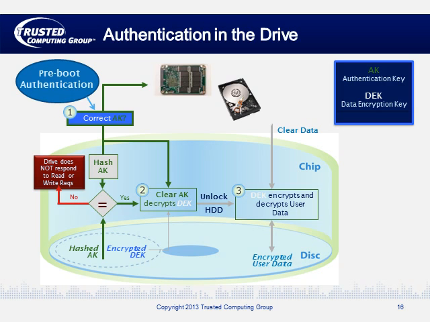Let's miniaturize ourselves and take a deep dive into the electronics of a self-encrypting drive. I'm showing here the Opal use case for laptops, but this applies both to solid-state drives and to rotating media drives. There are two classes of keys described in the self-encrypting specification. There are a set of authentication keys.